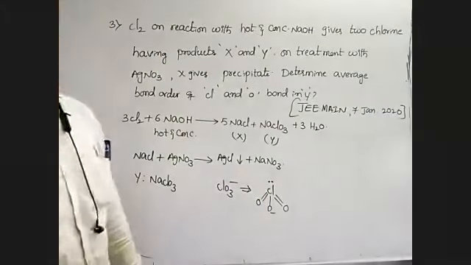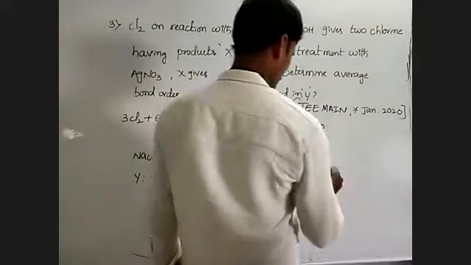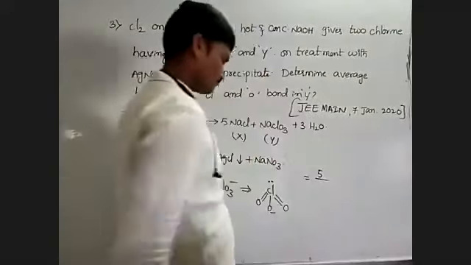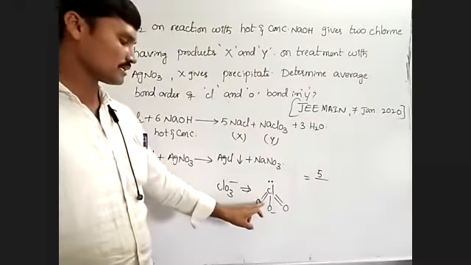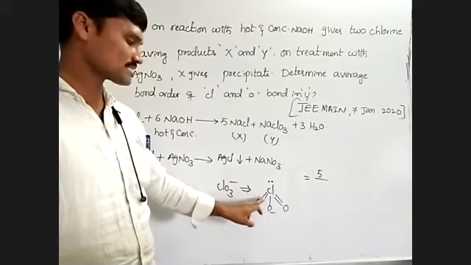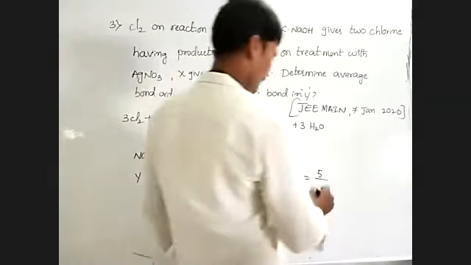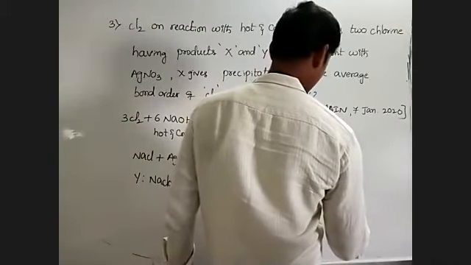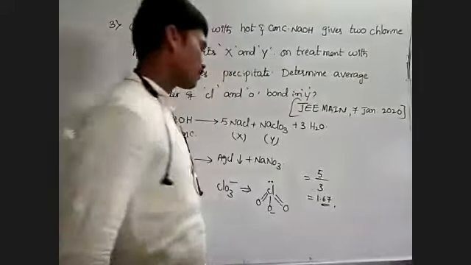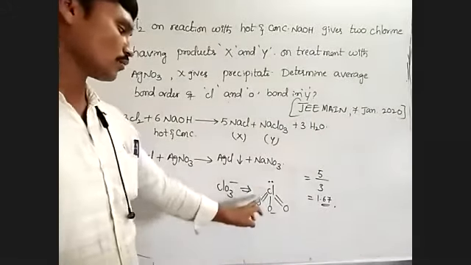So it is 5 by the average bond count, where a double bond is considered as a single bond. So 1, 2, 3, that is 5 by 3, which is 1.67. That is the average bond order between chlorine and oxygen.